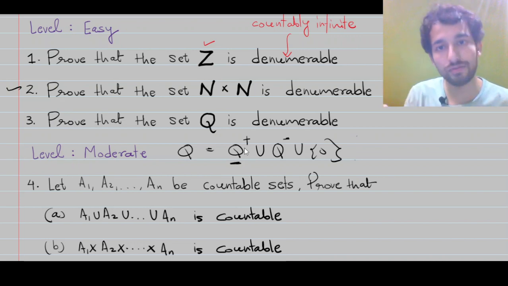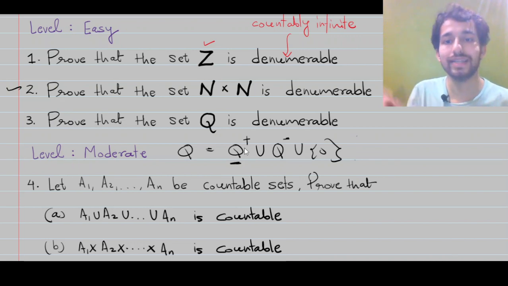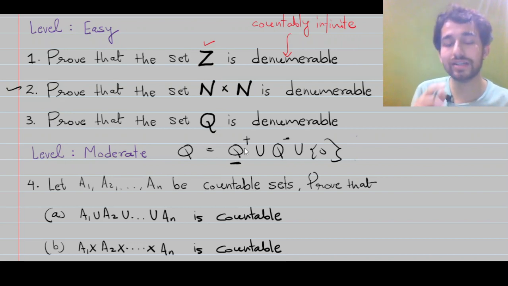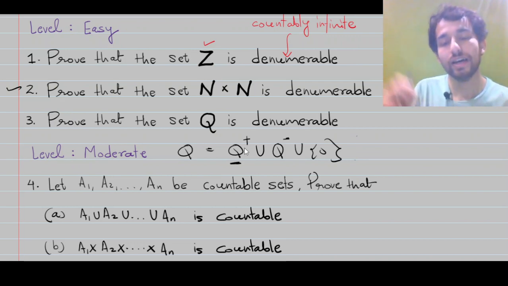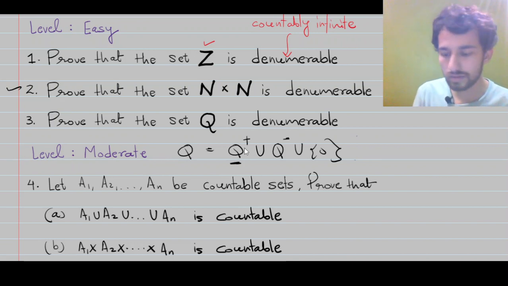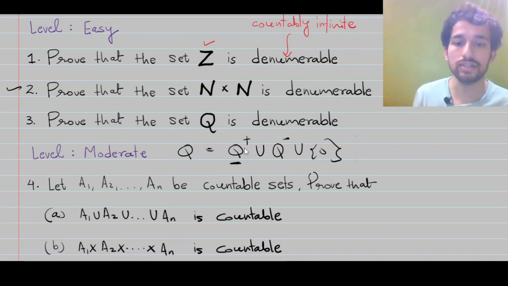If both are negative, say minus 1 upon minus 2, then the answer is 1 by 2, so it again belongs to Q plus. So collect all those elements of the form a by b where the fraction belongs to Q plus, and try to construct a map from the set of natural numbers to this set that is both 1-1 and onto. You have to find a rule which assigns such a map.